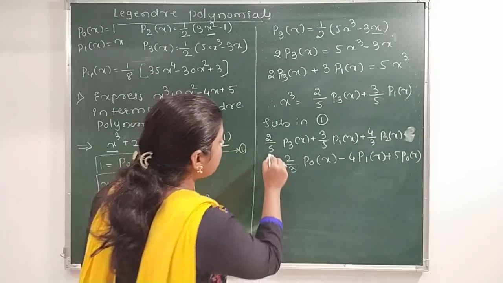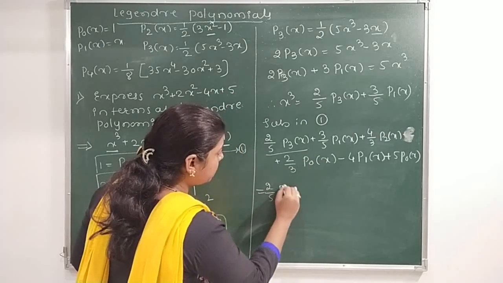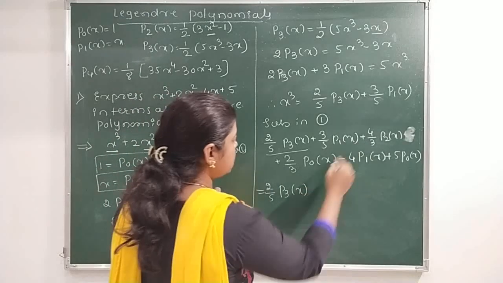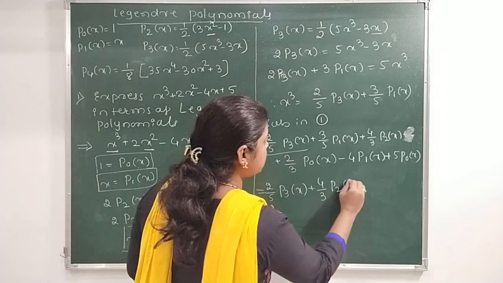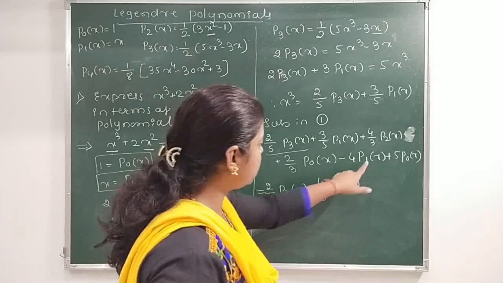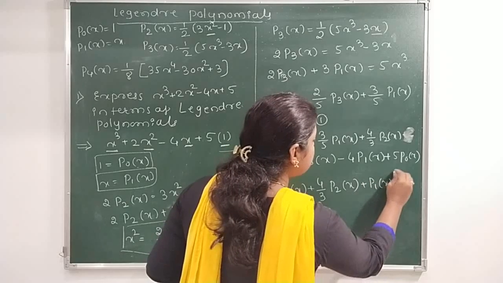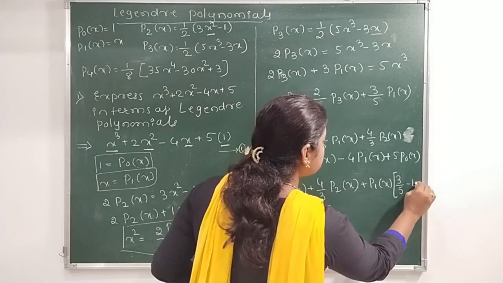Now first we want the P3 term, that we write as 2 by 5 P3 of x. Next we want the P2 term, that is here plus 4 by 3 P2 of x. Next we want the P1 term, plus P1 of x. Take the constants here: plus 3 by 5 is there and here minus 4 is there.